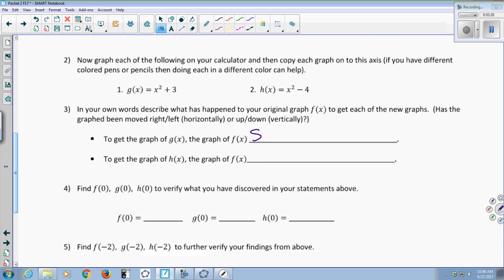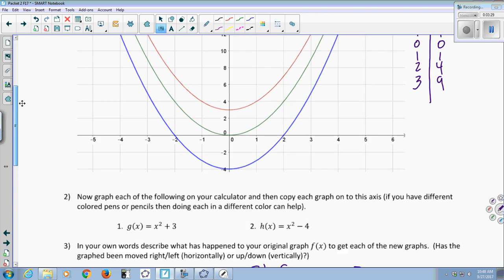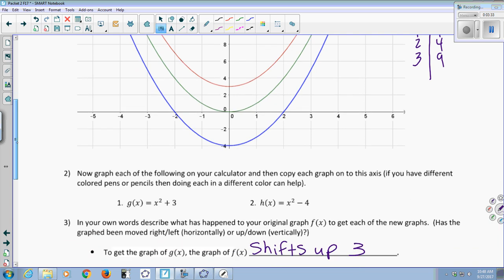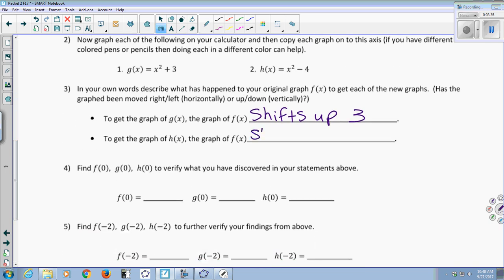So the graph of f of x shifts up 3. And to get the graph of h of x, if you start with f, you have to move everything down 4. Shifts down 4.